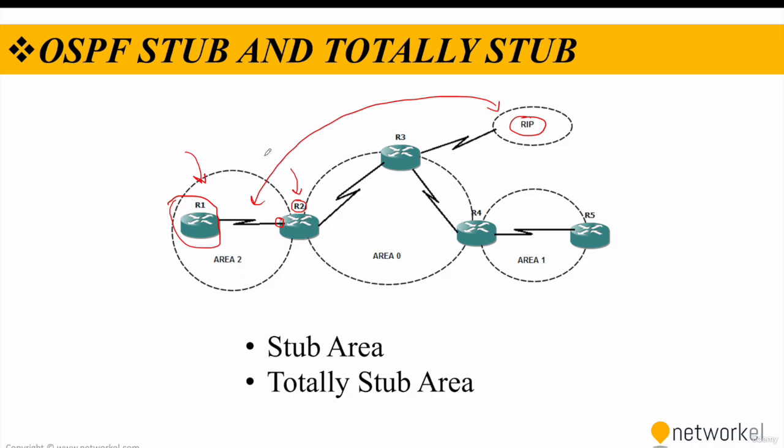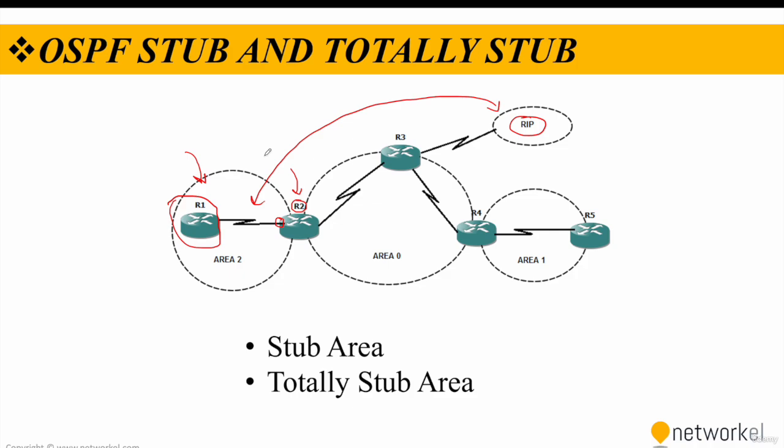That's it. Okay, so to overcome this, we have two different methods: OSPF stub area and the OSPF totally stub area. OSPF stub reduces the amount of routing information exchanged in the area, which decreases the size of the routing table and reduces the amount of routing protocol traffic.